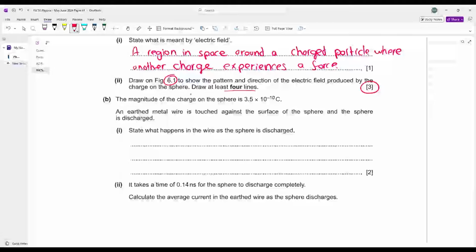The magnitude of charge on the sphere is this. An earth wire is touched against the surface of the sphere and the sphere discharges.